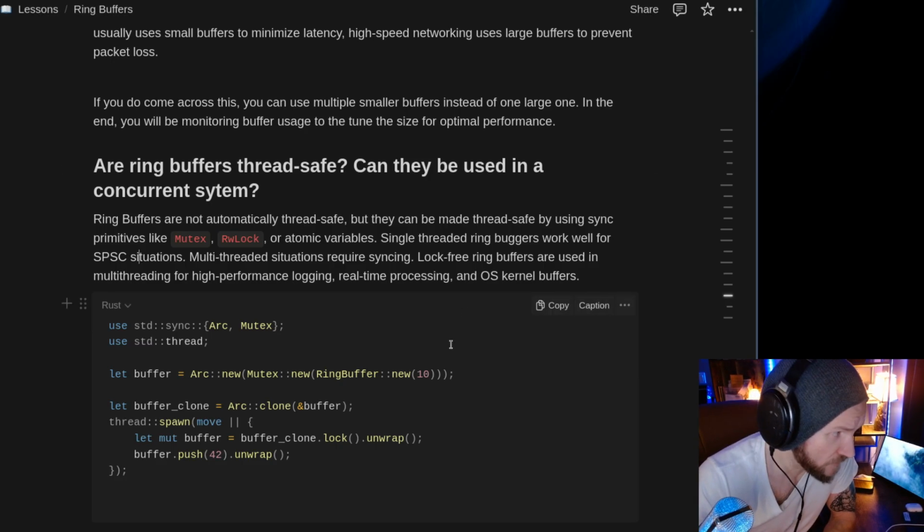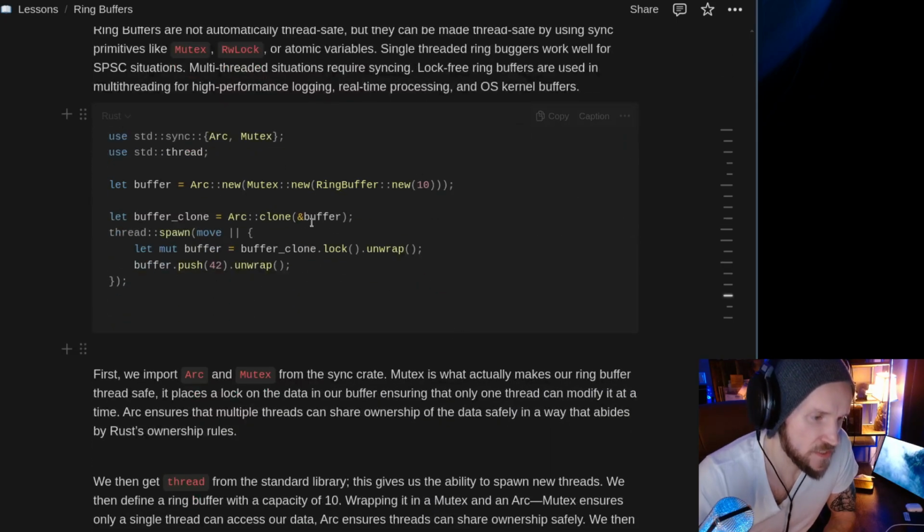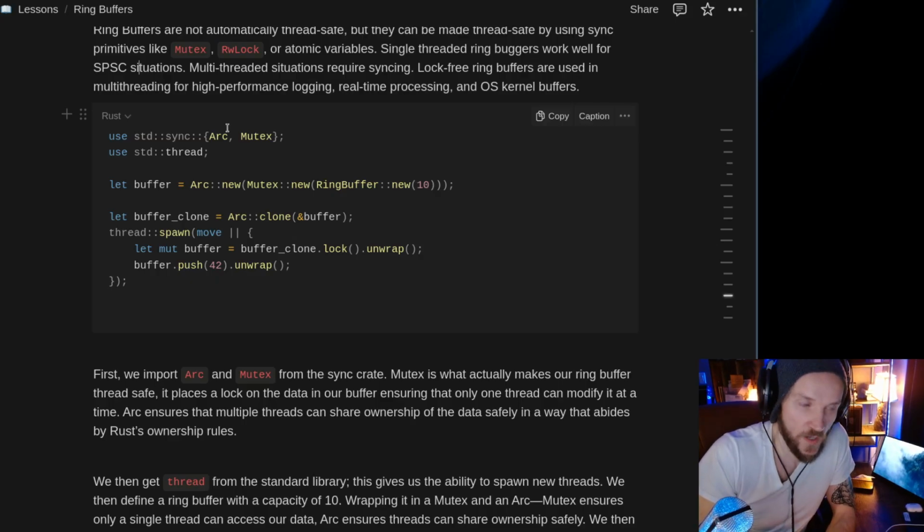Okay, so let's take a look at this code, right? First we are going to import Arc and Mutex from the sync crate, and a mutex is what makes the buffer thread safe, right? It places a lock on the data, and makes sure that only one thread can modify the data at a time.